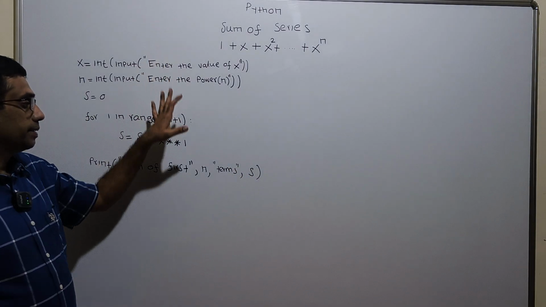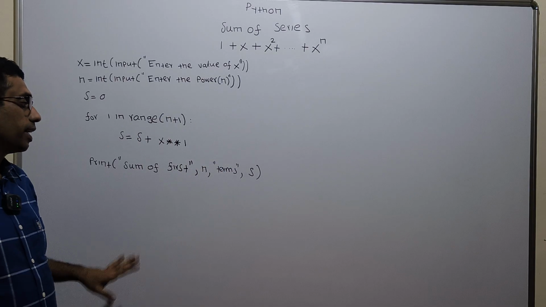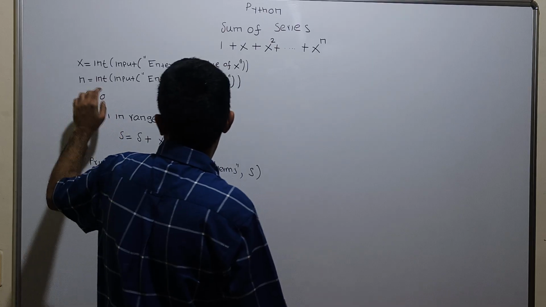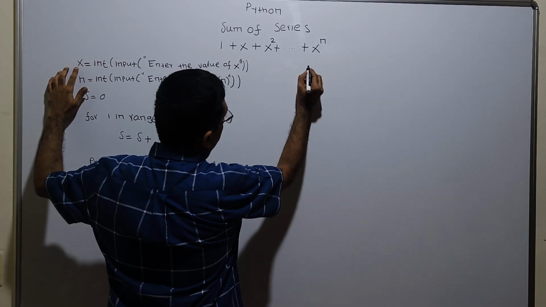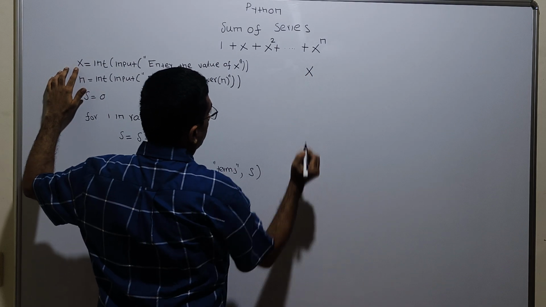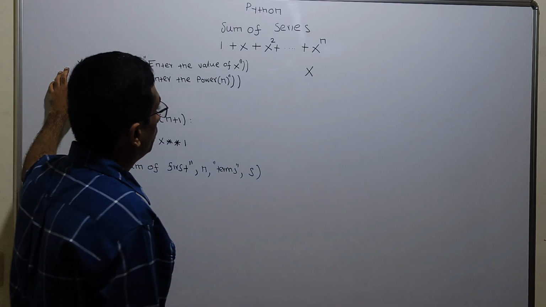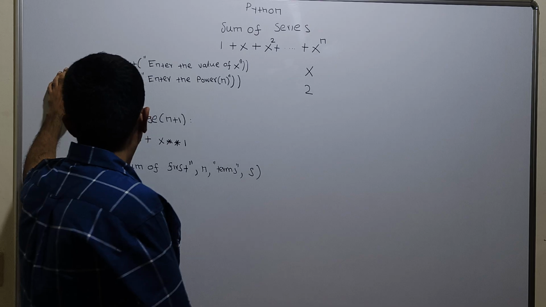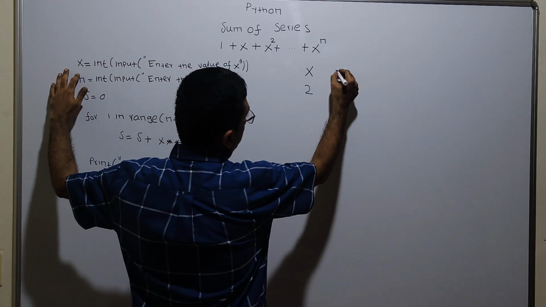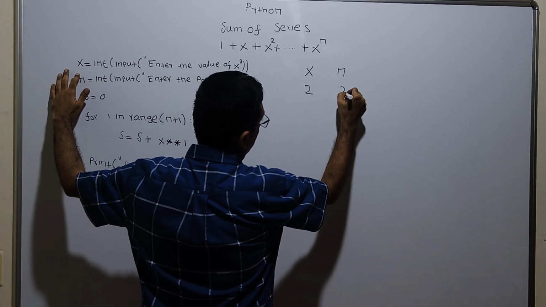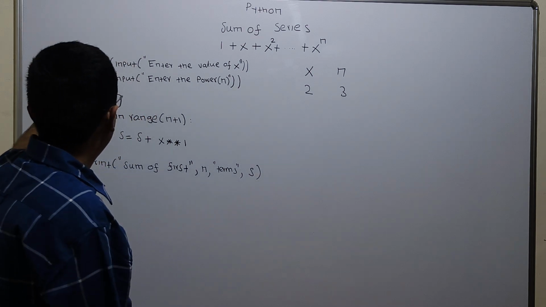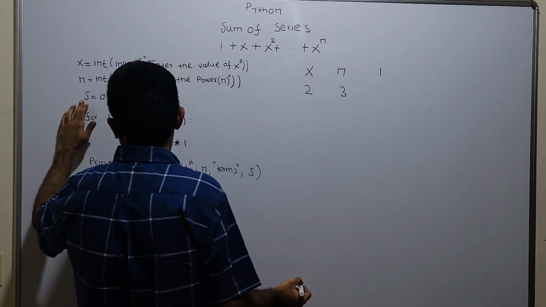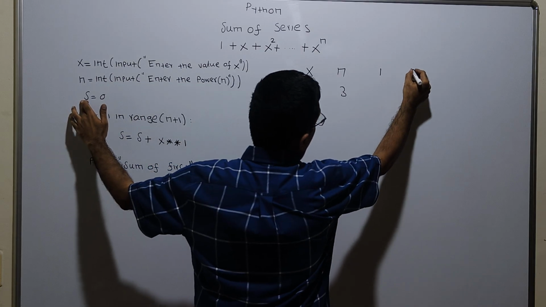Now I will take some sample input and explain how this program works. For x, I am giving the value 2. My x value is 2. My n value I am giving 3. Now I have a loop variable i, followed by the variable s.